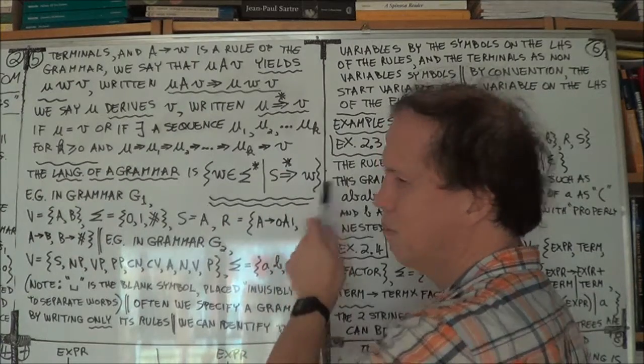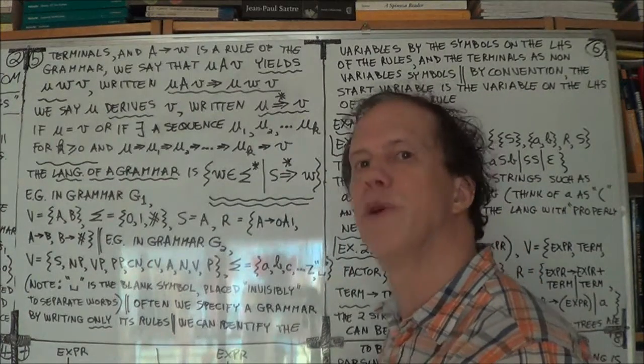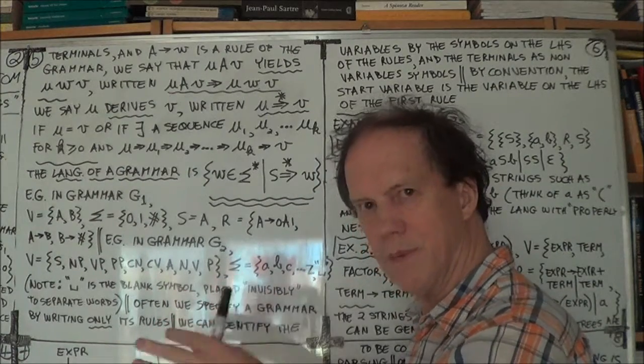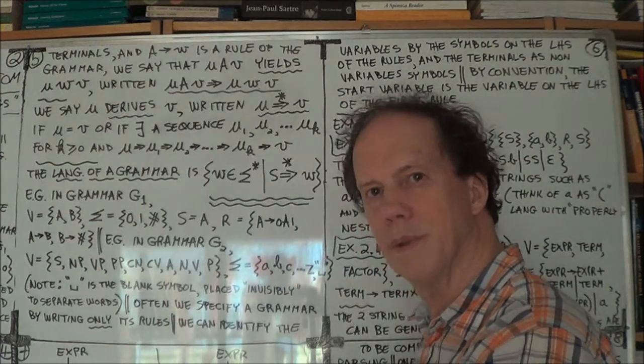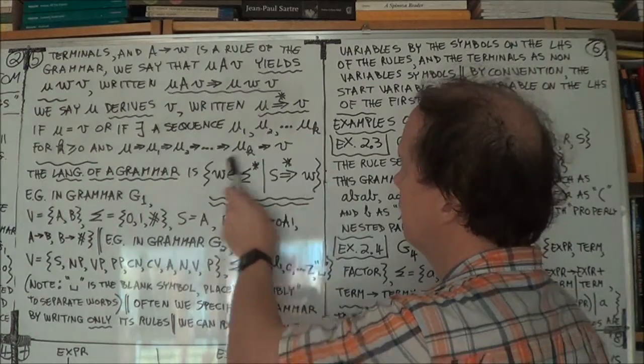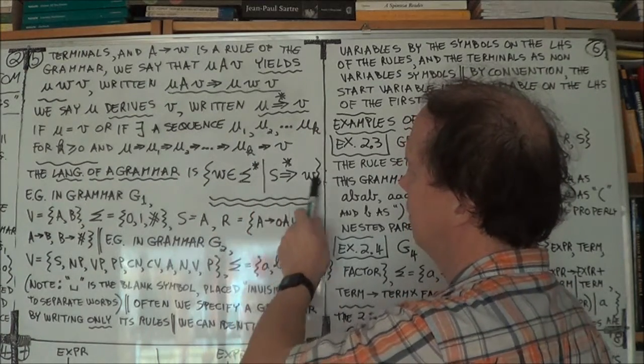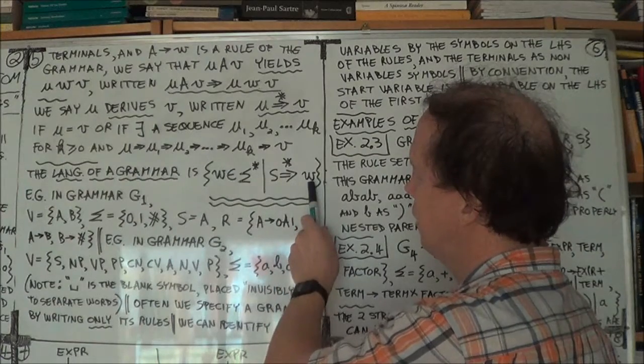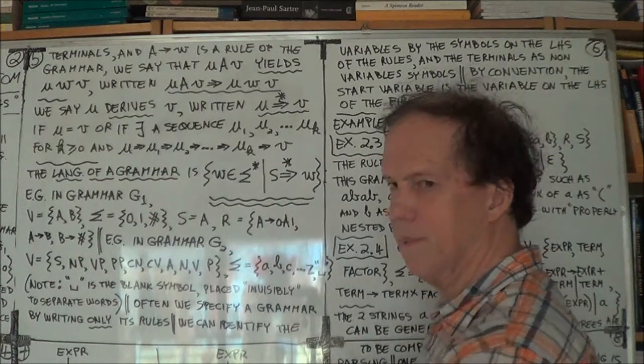So this W must be a terminal string. All the symbols in that string are terminal symbols. What you're saying here is that this is the set of strings that you can derive from the start symbol.